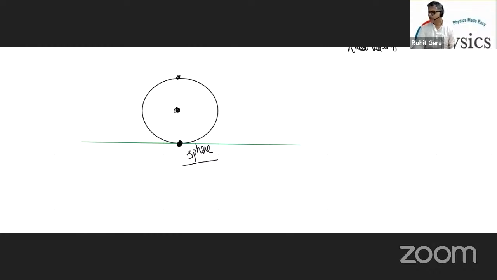If you want to write the velocity, you can say I can write it as the sum of two velocities, one coming from the tangential part and the other coming from the linear part. The center of mass is moving with v naught, and you can notice if you want to find the resultant velocity, it has two parts to it, one coming from rotation, the other coming from the linear part.